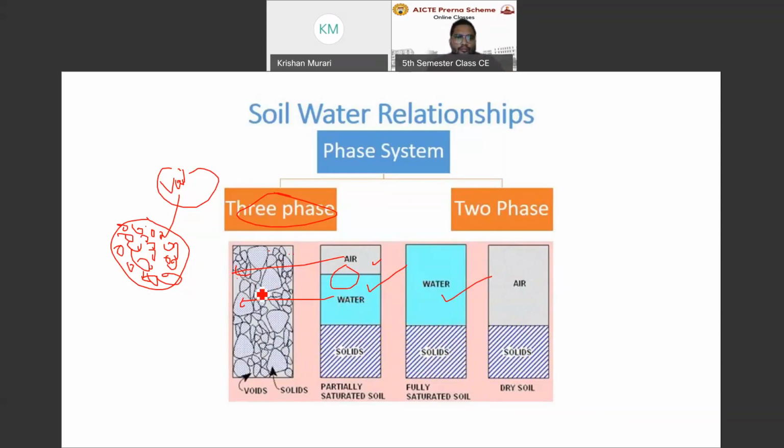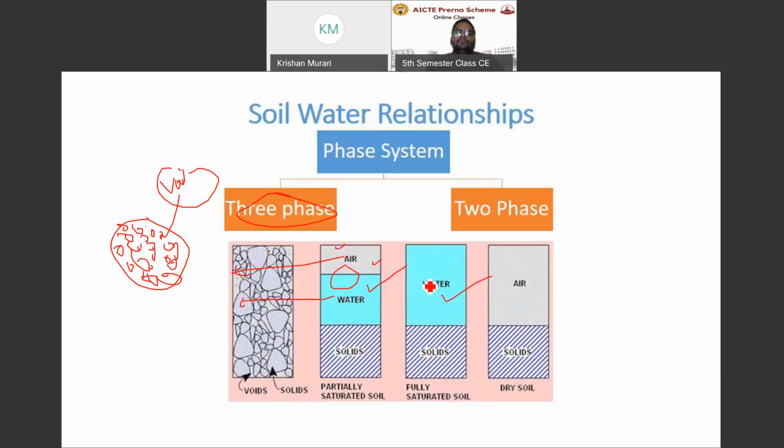Basically, soil is found in a combined form. We can't separate air, water, and solid into different phases, but to make study easy, we can convert it to a three phase system. Firstly, all three phases are there: air, water, and solid.